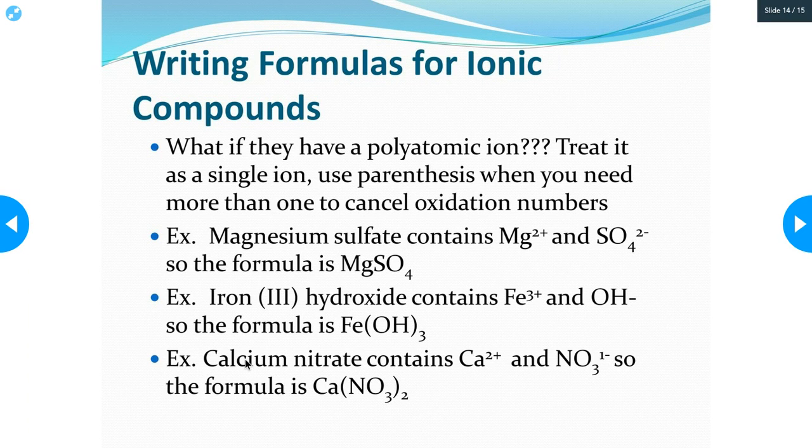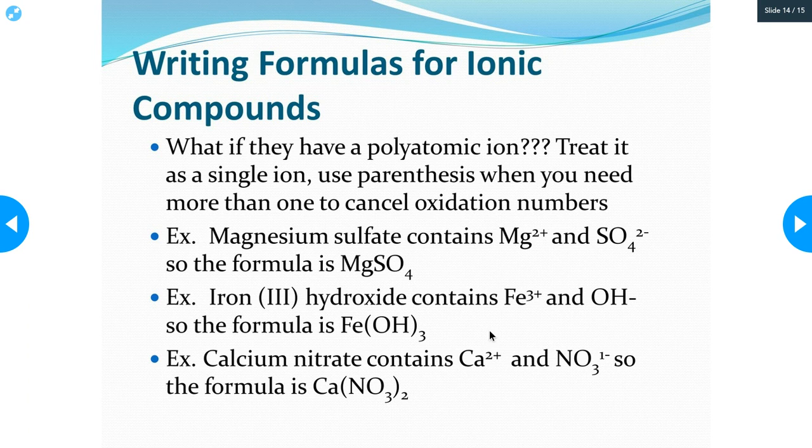Same case is true for our next one, calcium nitrate. So you hear ATE, you know that's going to be a polyatomic ion. Look on the back of your periodic table. We have calcium in group 2, so it's a 2+, and nitrate on the back of your periodic table is NO3, 1-. And so our formula has to equal 0, and the only way we can do that is by having 2 nitrates.